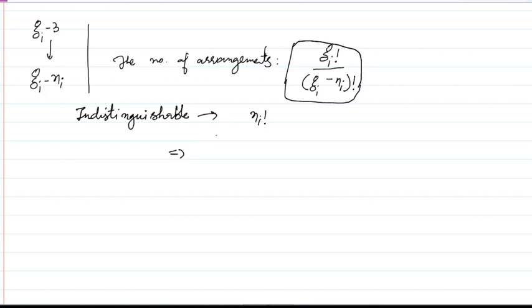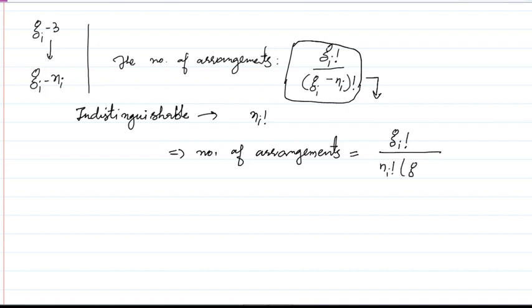That means the number of arrangements for this indistinguishable case will be equal to Gi factorial upon Ni factorial times Gi minus Ni factorial.